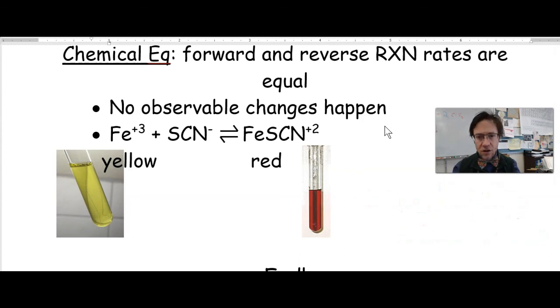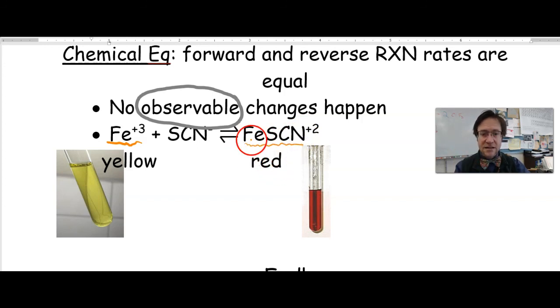Okay, that's all. And again, there is no observable change, right? We can't see anything happen. So, for this reaction here, we have iron 3+ in the reactant, and this is called iron thiocyanate, and it is over here in the product, and it is in a state of equilibrium.